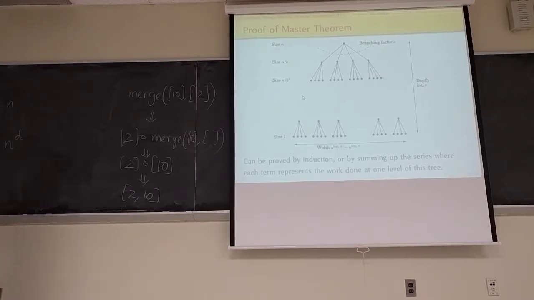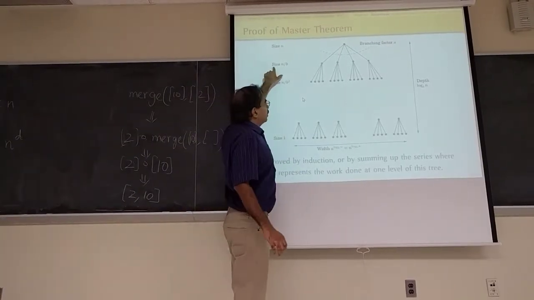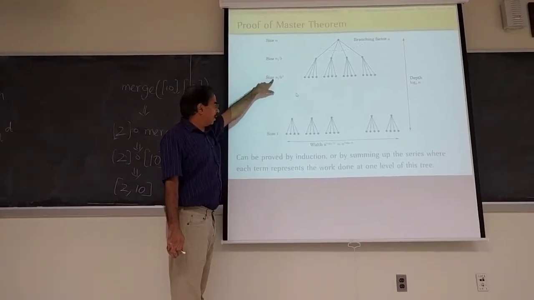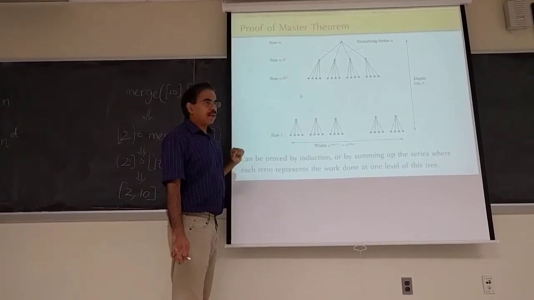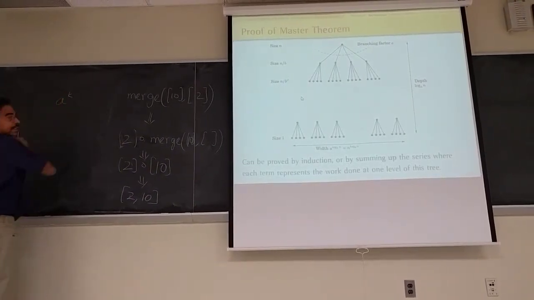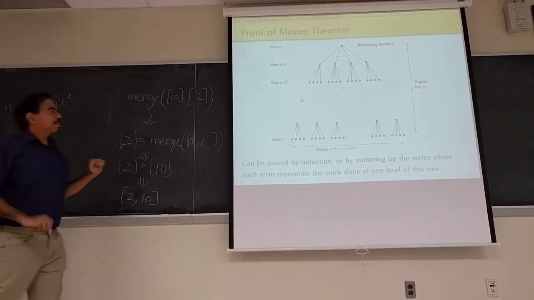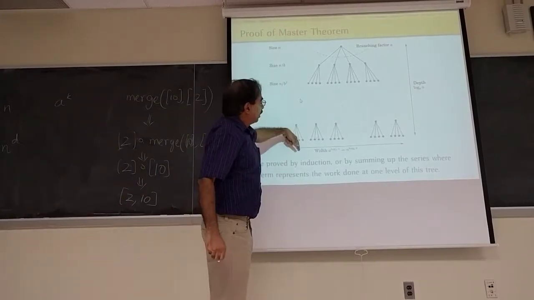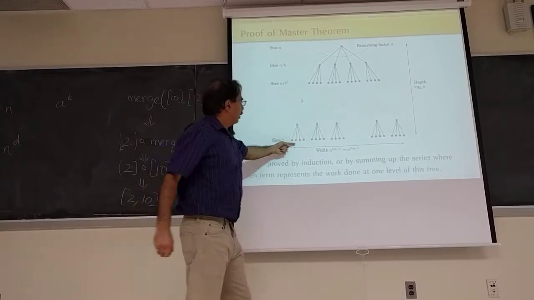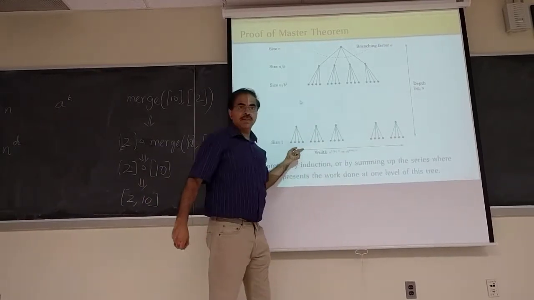So you have a instances at the first level, a squared instances at the second level, and all the way here, after a depth of k, you have a to the power k elements at the leaf level.